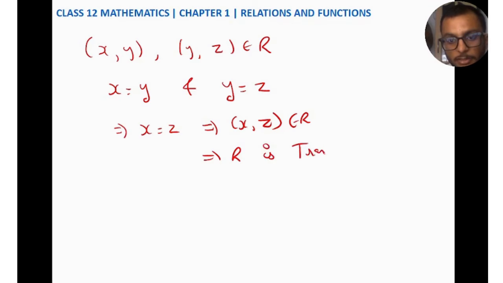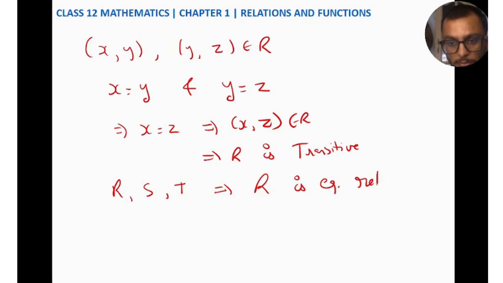So we got R is reflexive, symmetric, and transitive, which implies R is an equivalence relation.